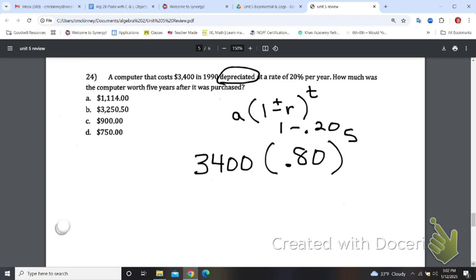So $1,114.12 would be the answer. I would prefer that were given over here. So my closest choice as an estimate of what the computer is worth, $1,114. Right? So depreciated means the value declined.